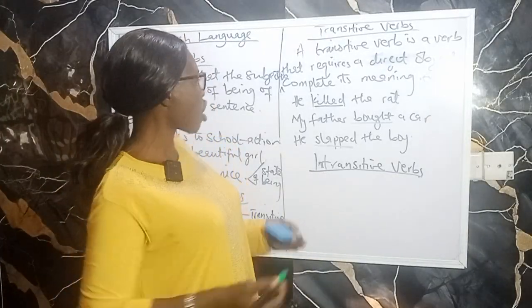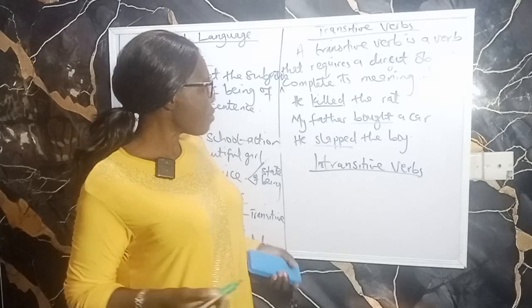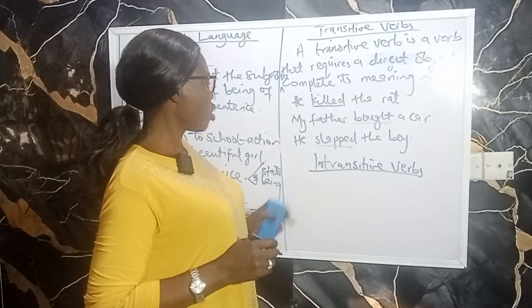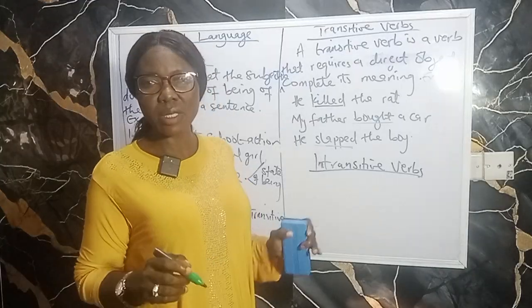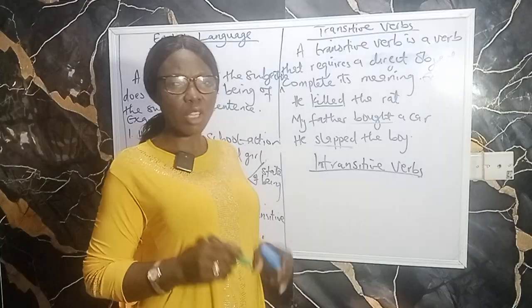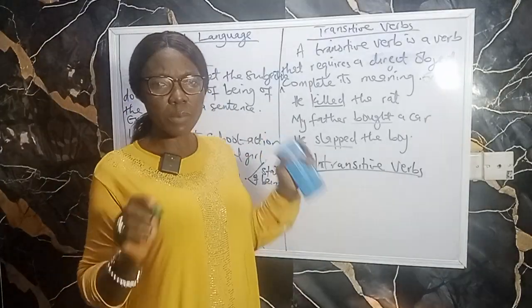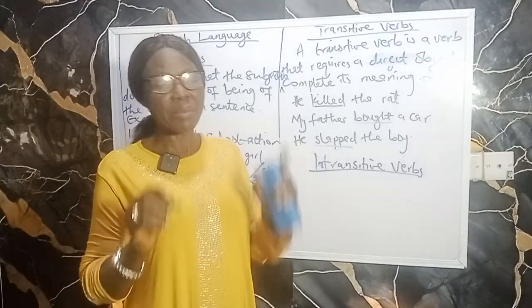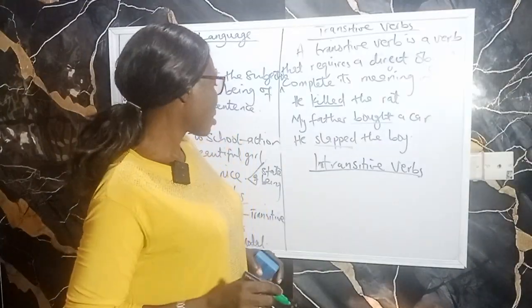Intransitive is the opposite of transitive. That means they don't need a direct object to complete the meaning of the verbs. Intransitive verbs don't need a direct object to complete their meaning or to complete the meaning of the sentence.